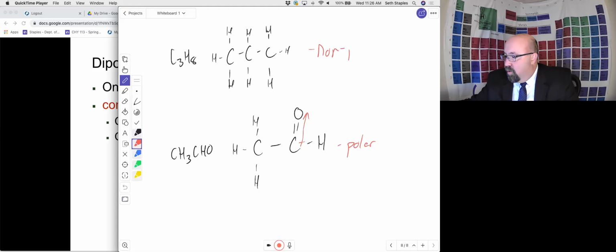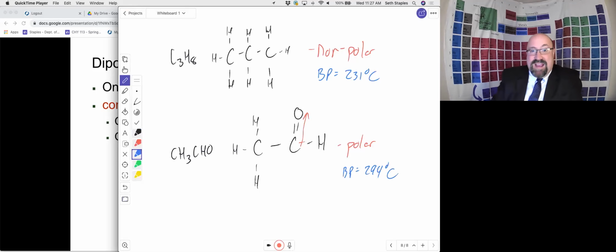And so nonpolar here, and we saw that reflected in a boiling point of about 231 degrees versus a boiling point of 294 degrees. Again, same exact molecular weight, they're both about 44 AMUs.